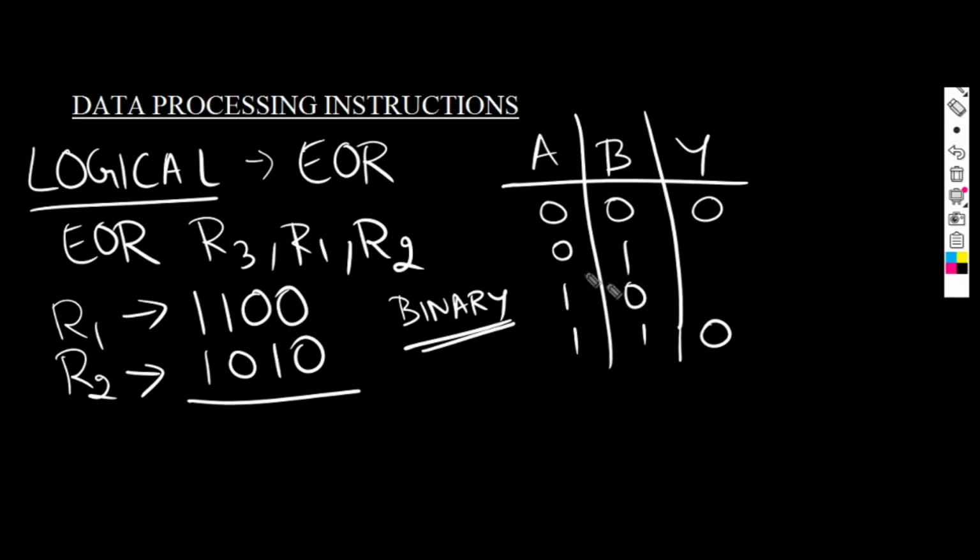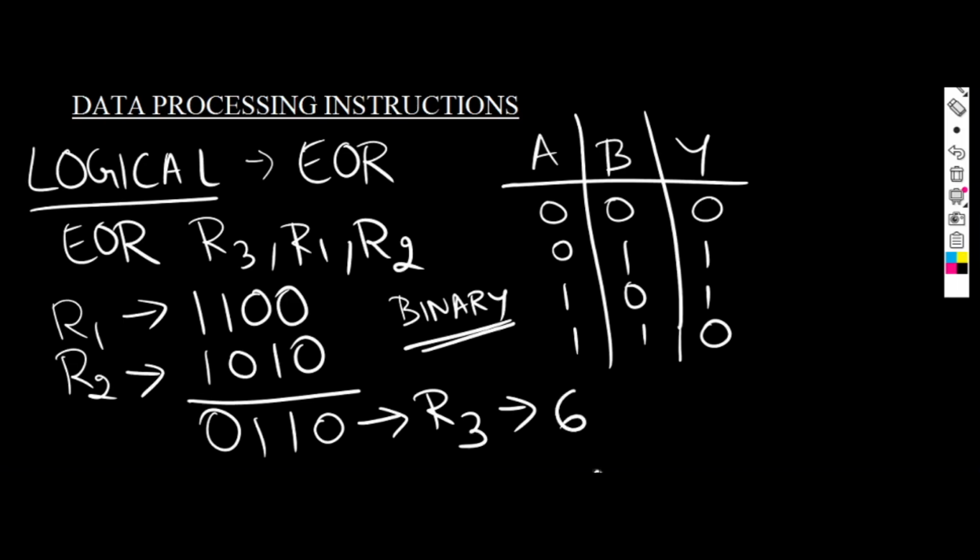Only if complementary values are stored, output will be 1. So in that particular case, consider these values. What will be the output? 0 0 will be 0, 0 1 will be 1, 1 0 will be 1, and 1 1 will be 0. So this result is now stored in R3.